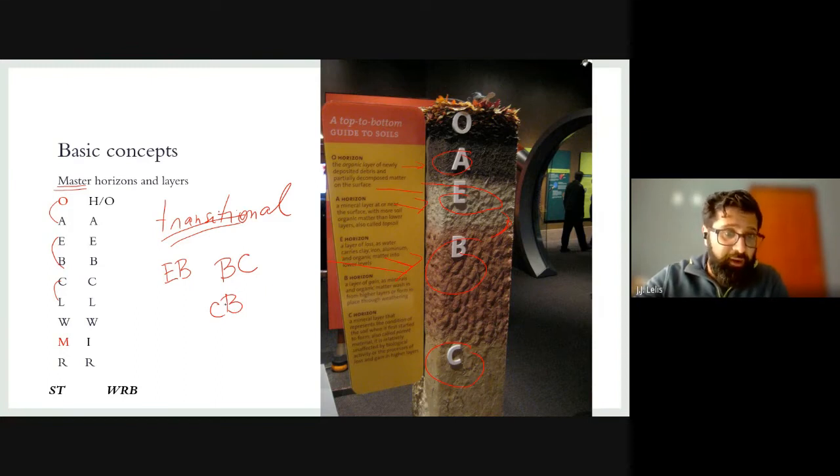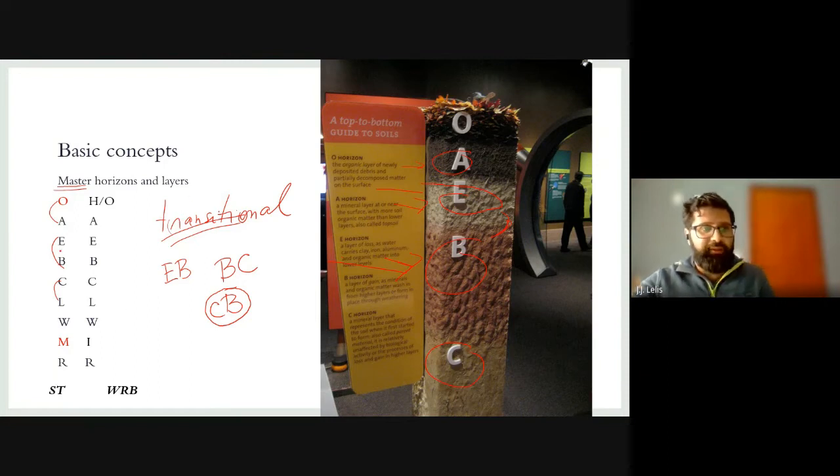It's a piece of soil that has characteristics of two master horizons at the same time. It's not usual, but you can find a lot of this in the field. Let's first of all describe the master horizons, and these transitional horizons will be very easy to understand.